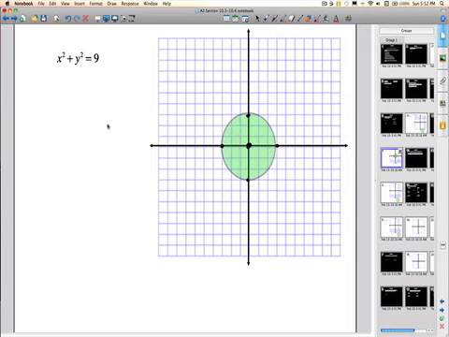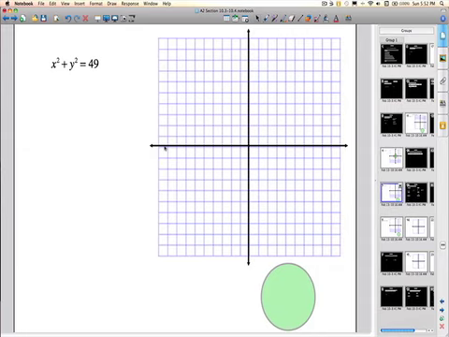Okay, so the circles are actually probably the easiest of all of these to graph because they're very consistent and they're symmetrical. So again, if I want to graph this, I can see that r squared is equal to 49. So r then will be equal to 7. I'll go up 7, right 7, down 7, and left 7.